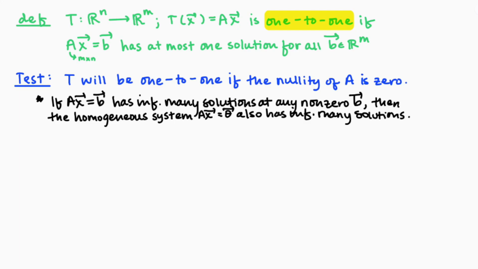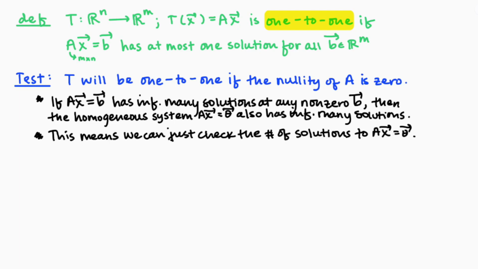It's more of a property of the columns of the matrix in the first place than it is of the output that you're putting to the right side and row reducing with. Okay, so this means that we can just check the number of solutions to the homogeneous system Ax equals 0 to see if we're going to be injective or not. And that's why I jumped straight to the nullity of the associated matrix.